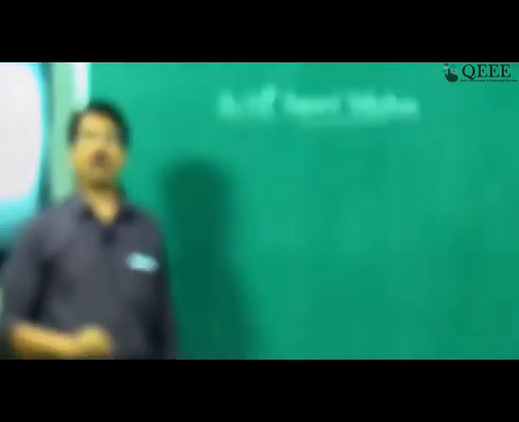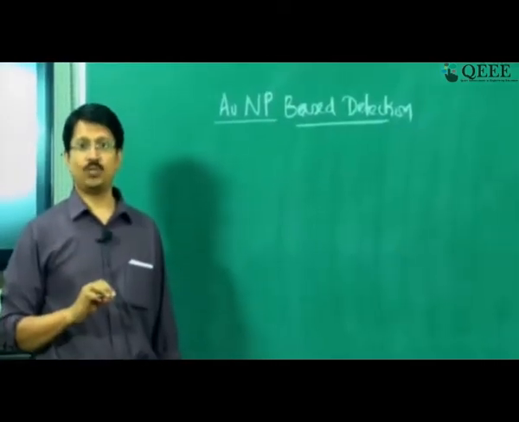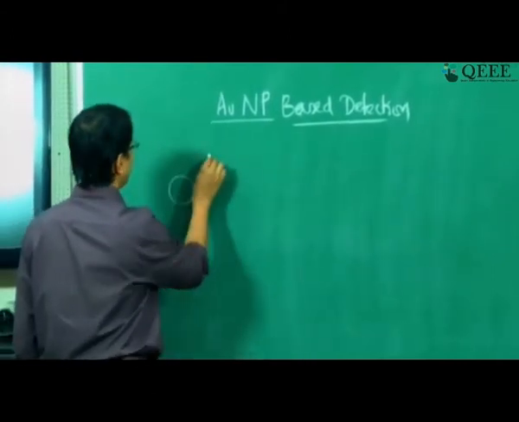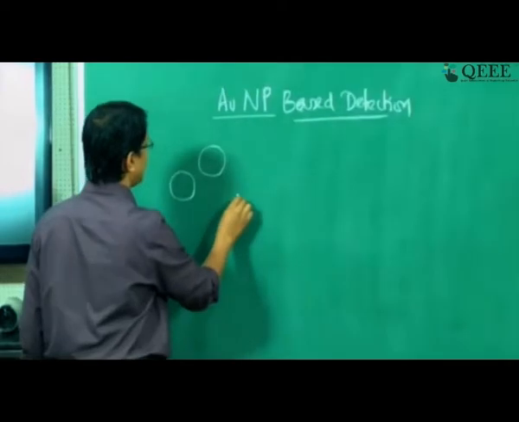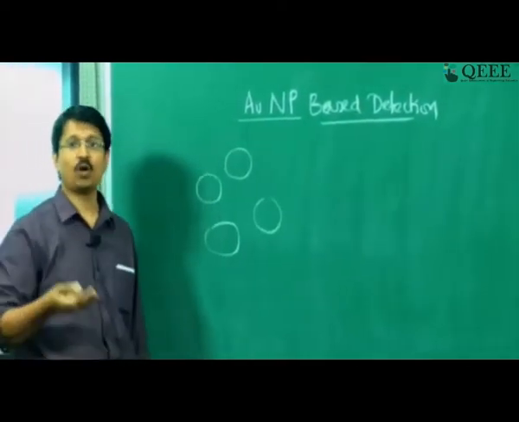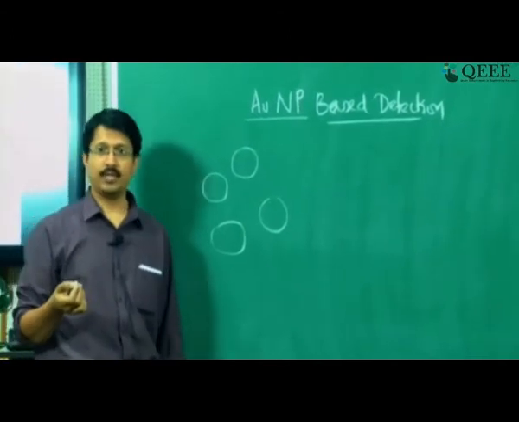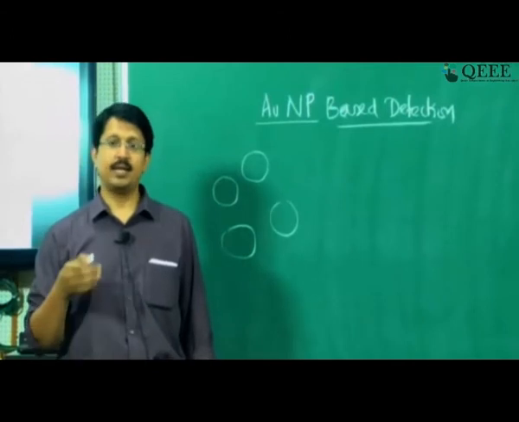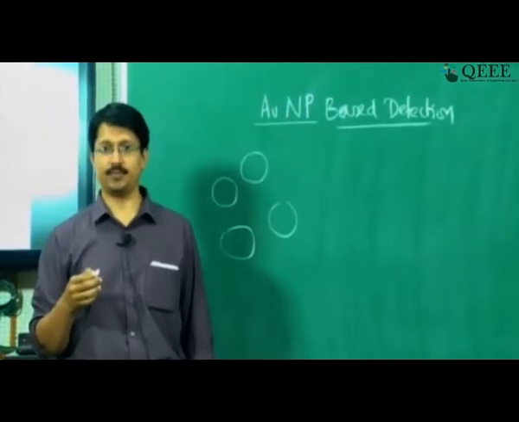So Au nanoparticle based detection, that is what yesterday's topic was. So imagine that there are several gold nanoparticles which can absorb, and one of the things that we told yesterday, the reason why they selected Au nanoparticle is that it has high molar extinction coefficient.